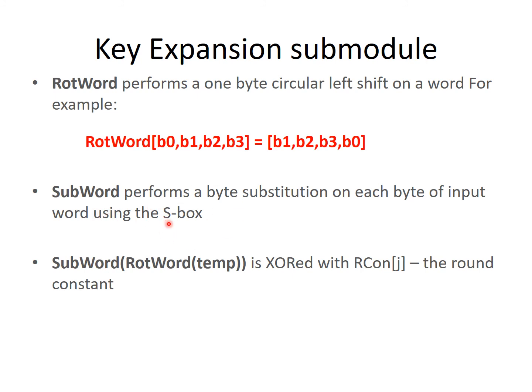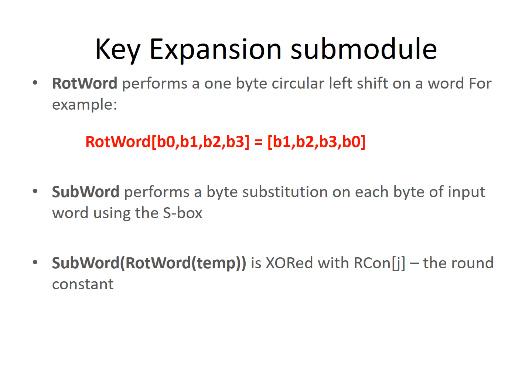So ultimately what I am doing is we take the word, rotate it, substitute it, and then it is XORed with Rcon. Rcon means for each round I have a constant. The round number is represented as j, so for the jth round I will have a constant value. I will XOR it with the word after rotation and substitution.